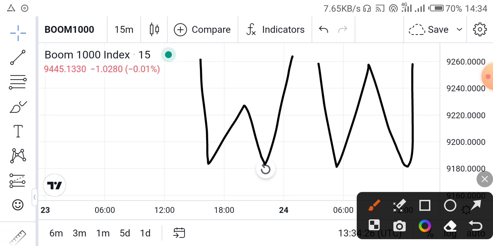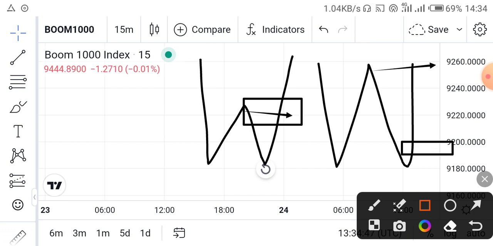While in the second one, the neckline is right here at the middle. For this one, I can wait till it breaks the neckline, but for the first, I mostly enter around this region if I get the confirmation candle.